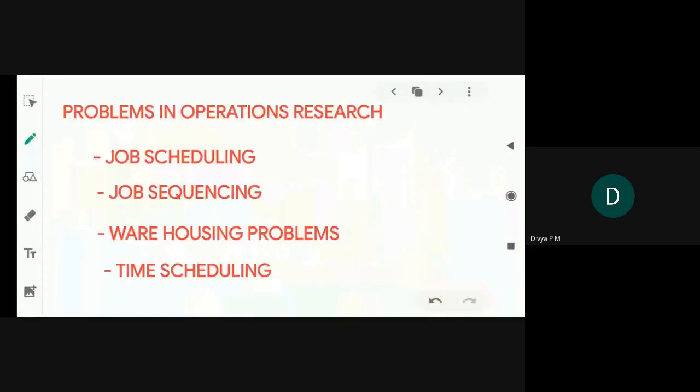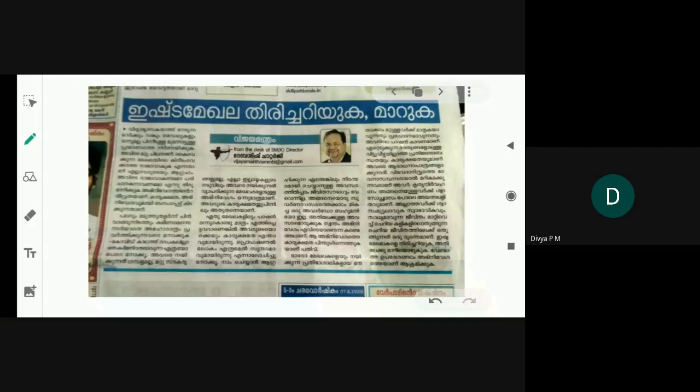Now, there are certain areas which require very practical application, like how to schedule certain jobs to a certain group of people: job scheduling, job sequencing, warehousing problems, timetable preparation, air traffic scheduling, bus scheduling. All these things can be done with the help of graph theoretical concepts. This is where I want to stop now.